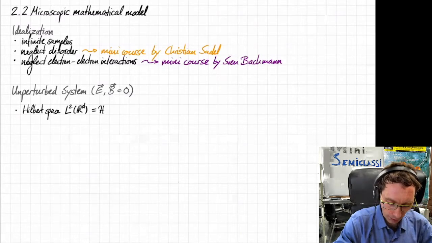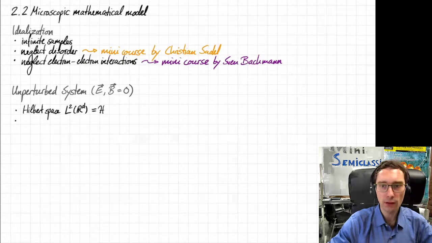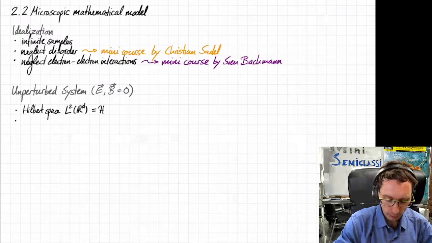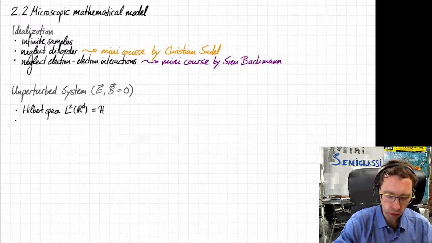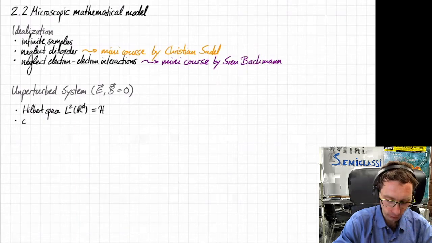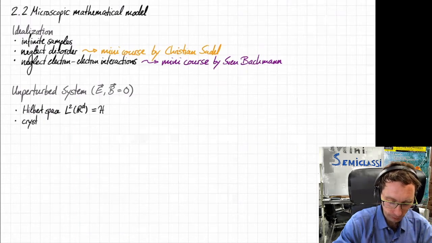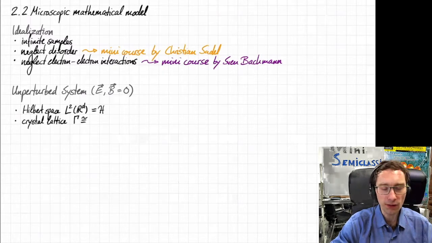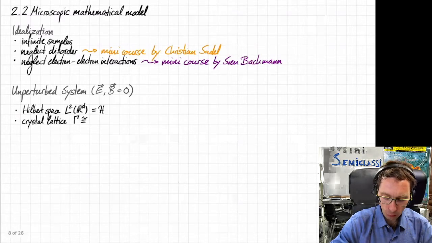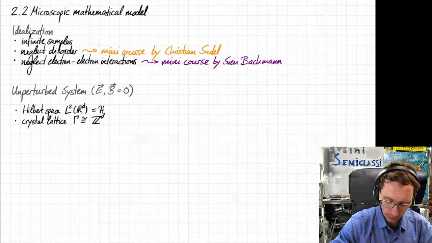The other central thing here is that the potential is periodic. So I have a notion of a crystal lattice, and this is denoted with Gamma, and Gamma is isomorphic to Z^d.